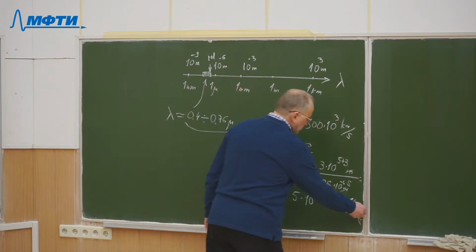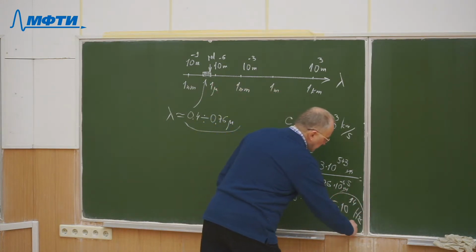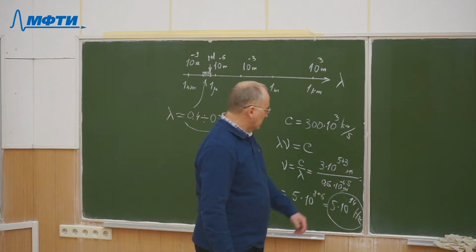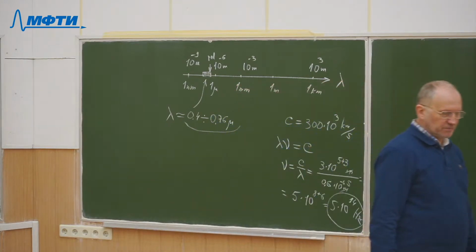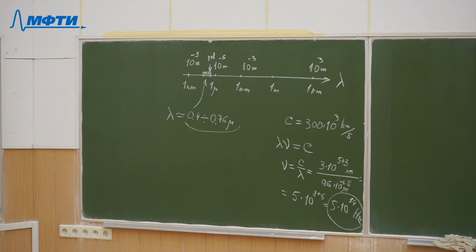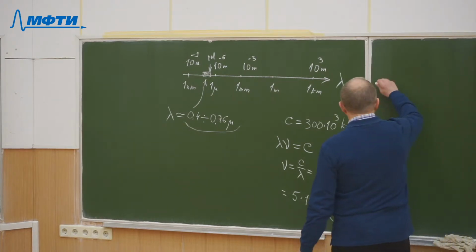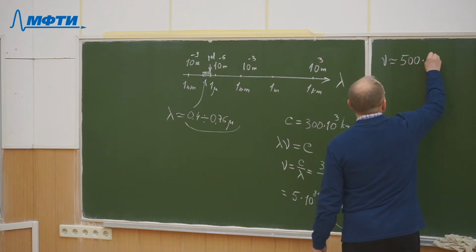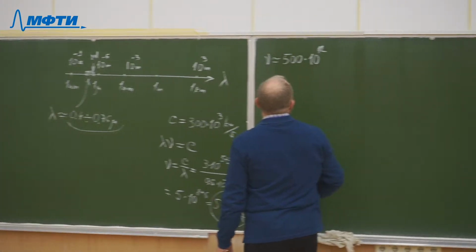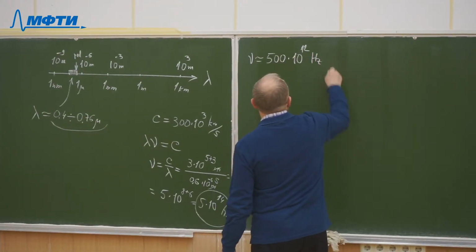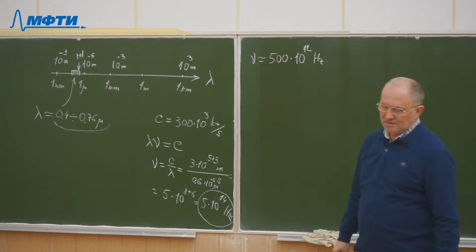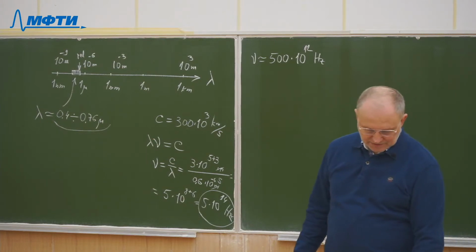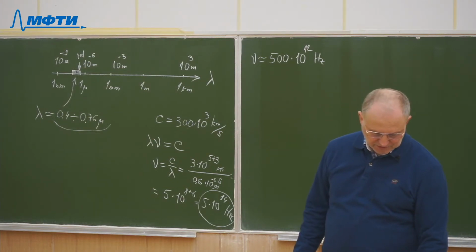But that is a characteristic frequency of visible light radiation, about 500 terahertz. That is, the frequency is about 5 times 10 to the 14th power of hertz. That's the most characteristic frequency of visible light.